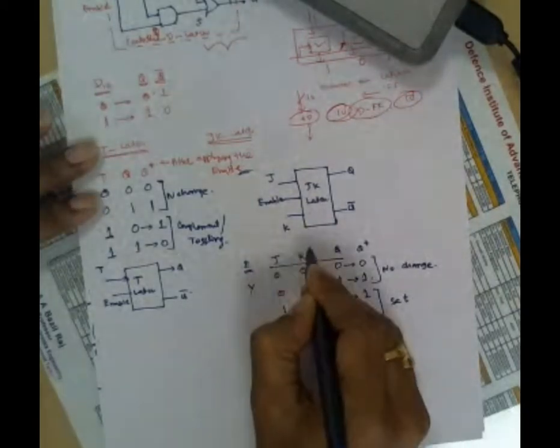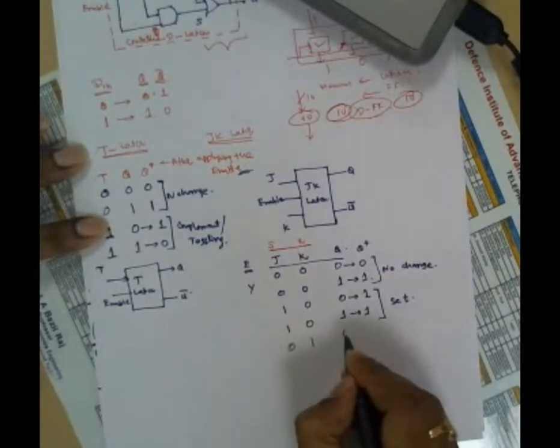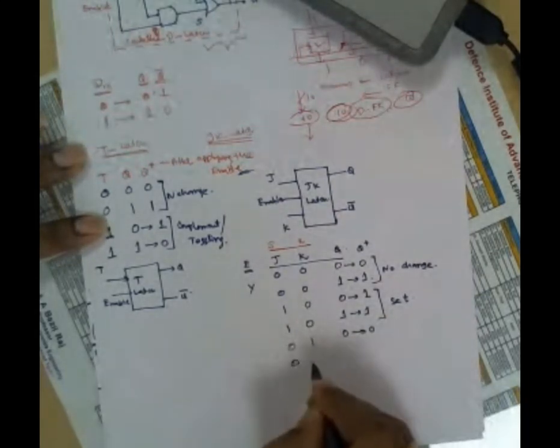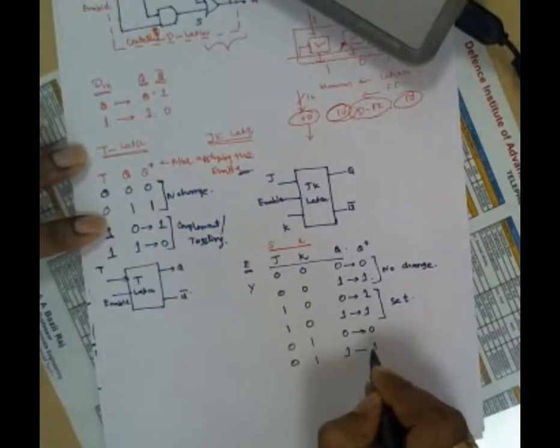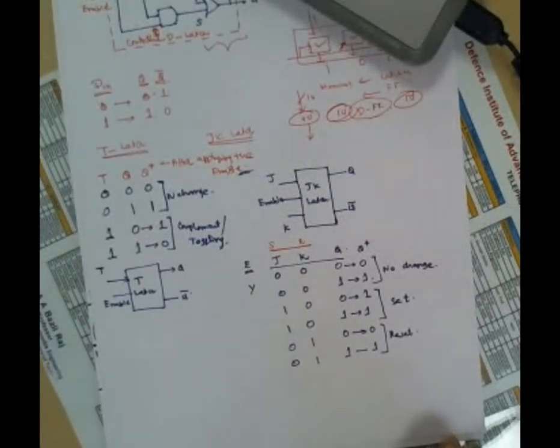You know what a set is. So this is also like an SR latch, you can replace SR. Both are the same here. And then if it is 0, 1, a 0 goes to 0 and a 1 goes to 0. This is what we call the reset. We take the decision of set and reset with respect to Q, and its complement is for Q dash.